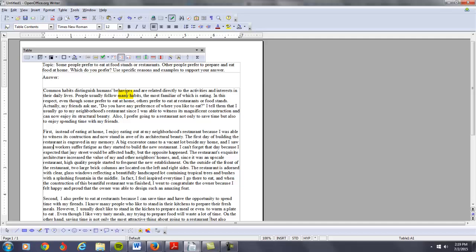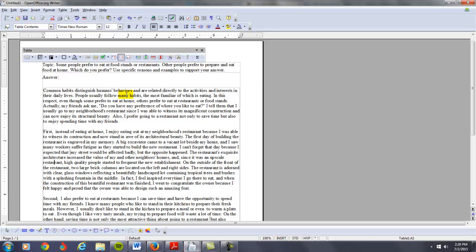I cannot forget that day because I expected that my street would be affected badly, but the opposite happened. The restaurant's exquisite architecture increased the value of my and other neighbors' homes, and since it was an upscale restaurant, high-quality people started to frequent the new establishment.